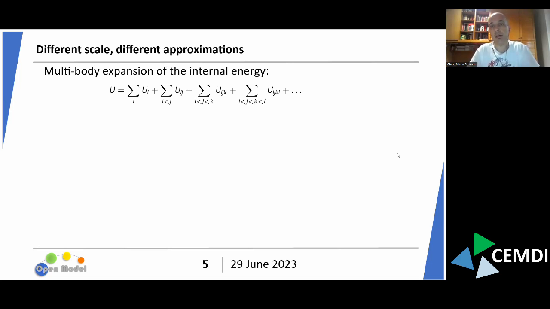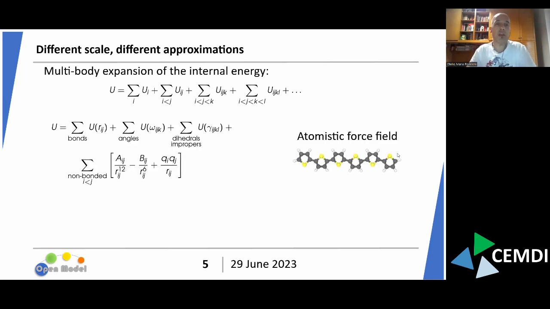But since we want to perform a numerical simulation, we have to truncate this expansion, and a classic way of writing the internal energy for an atomistic force field is to consider only those terms that have a chemical meaning.